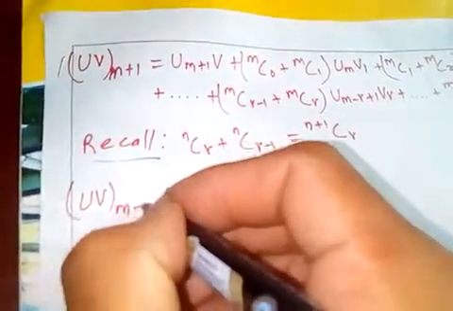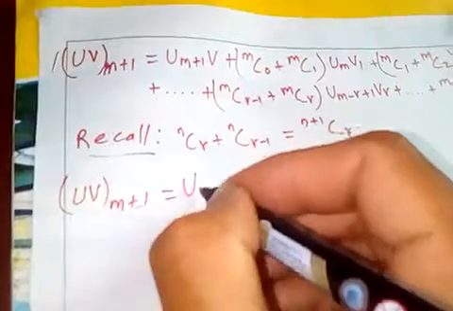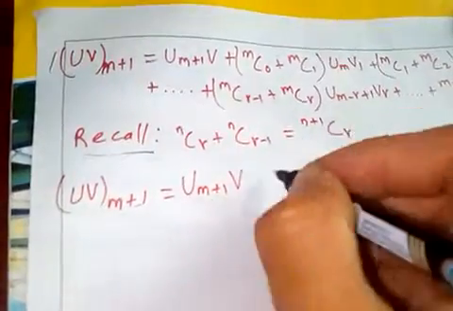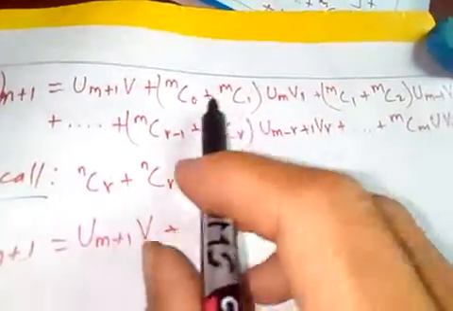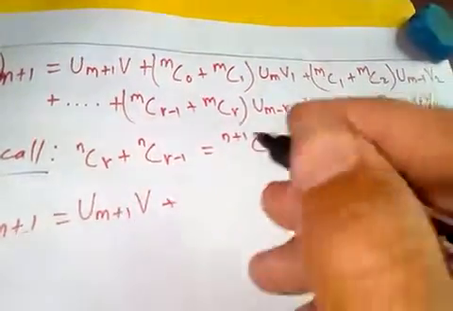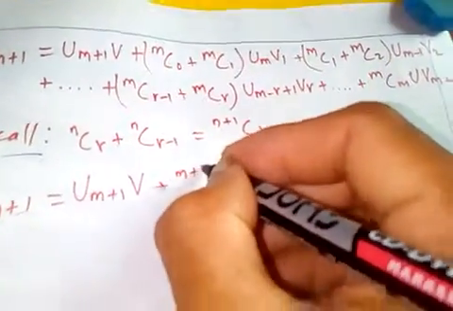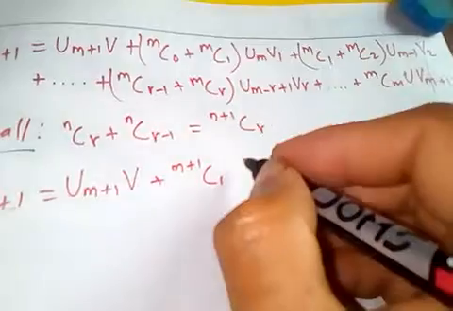u v m plus 1 is u m plus 1 v plus, and in here you get, if you apply this one you get what, m plus 1 C1, okay.